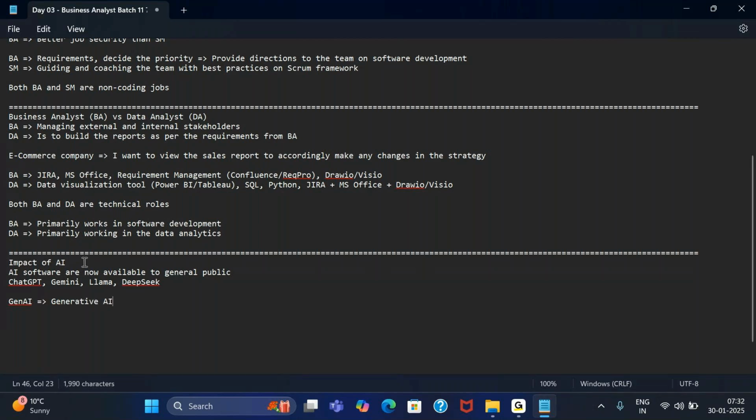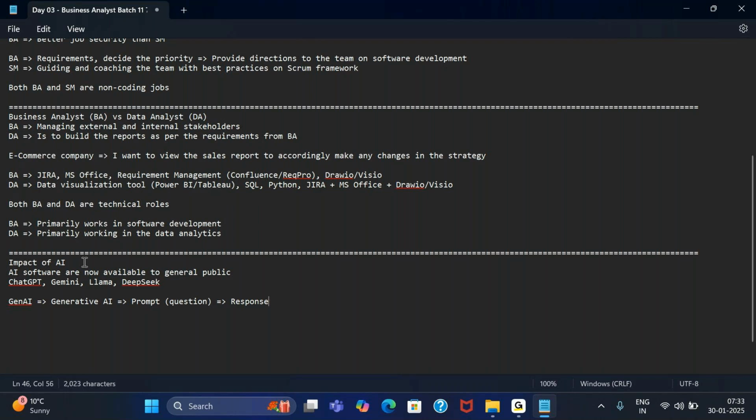Why do we call them generative AI? Because you can send in a prompt. A prompt is basically the question that you want to ask. Based on the prompt that you send into the AI tools, you will get a response back.